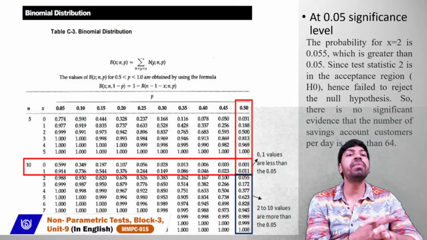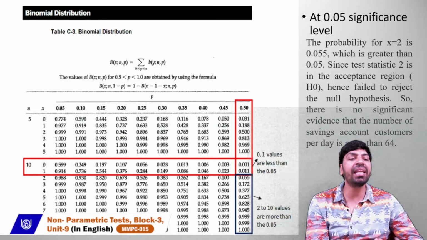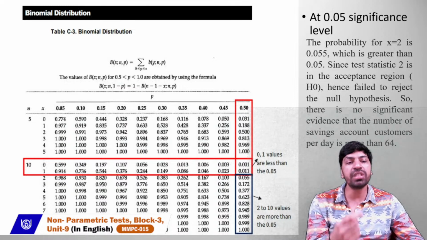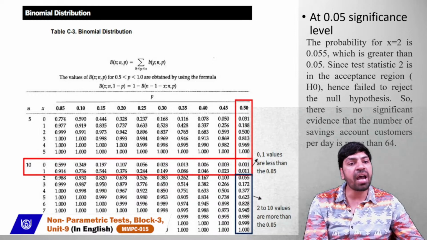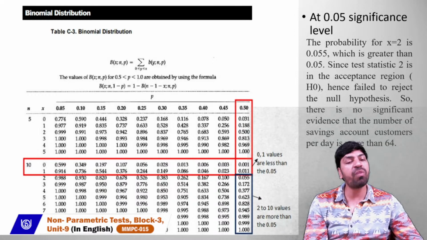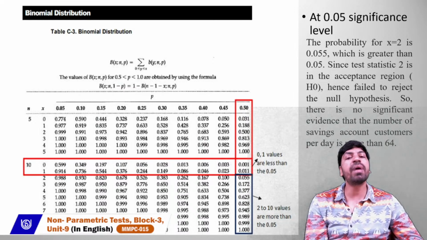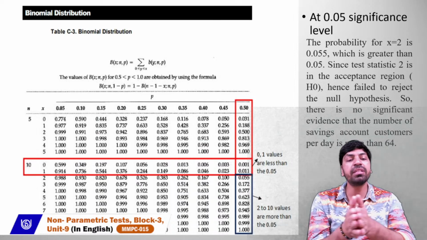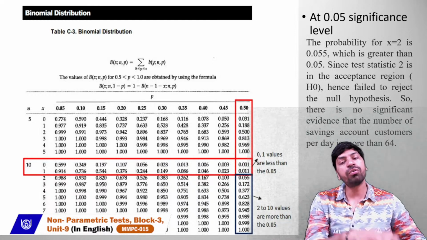Now, this is a binomial distribution table. If you look up the table, n is given and x is a series of 1 to 10, and these are the probability columns: 0.05, 0.10, 0.15, 0.20, and so on till 0.50. The column we need is 0.50, where there is a 50% chance of the sign being positive or negative.